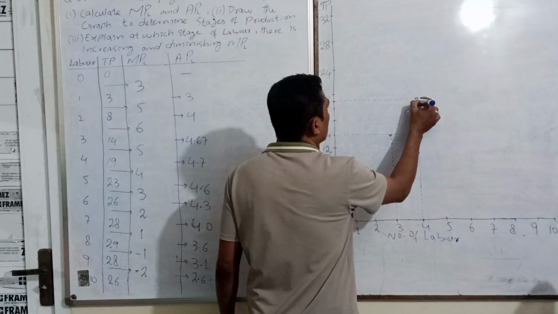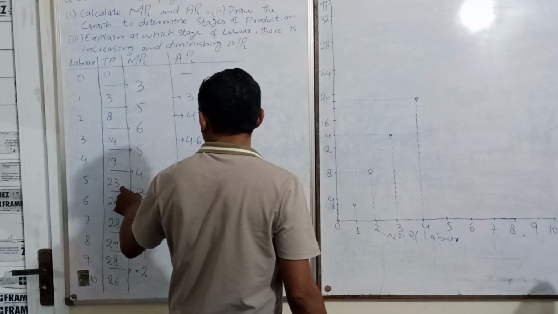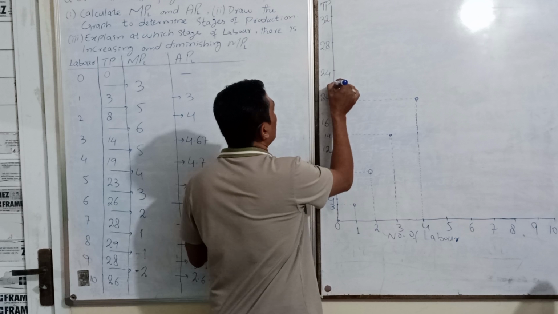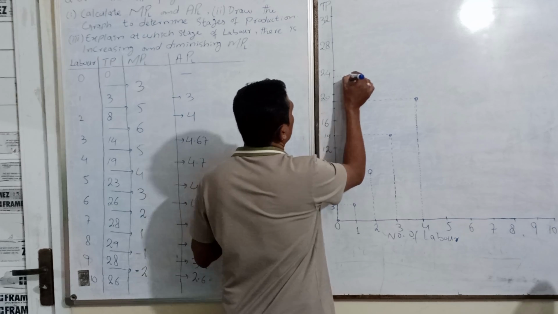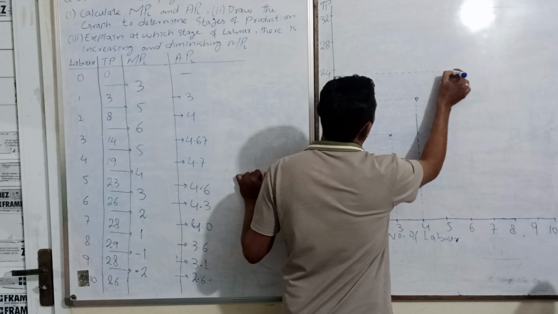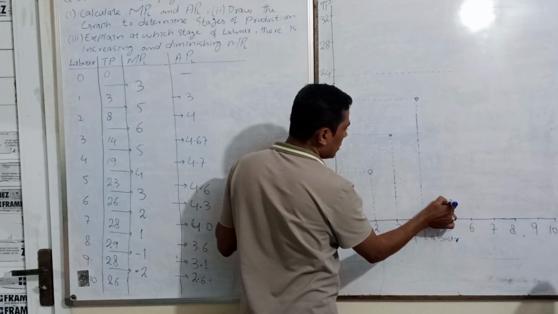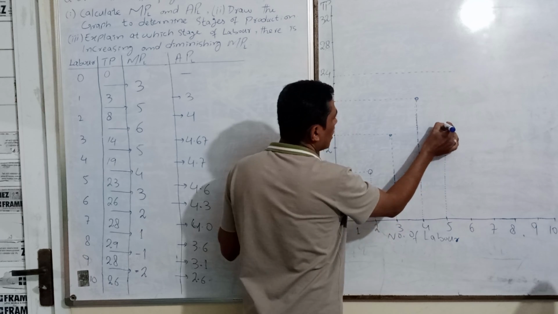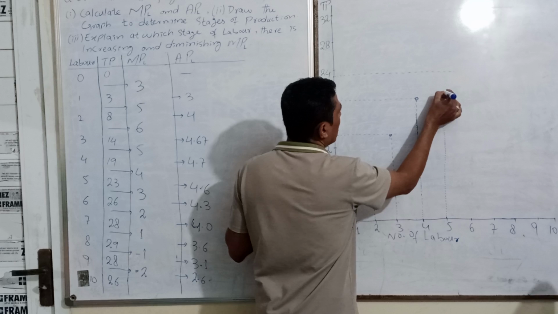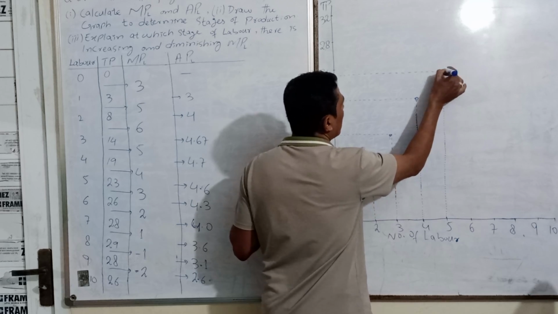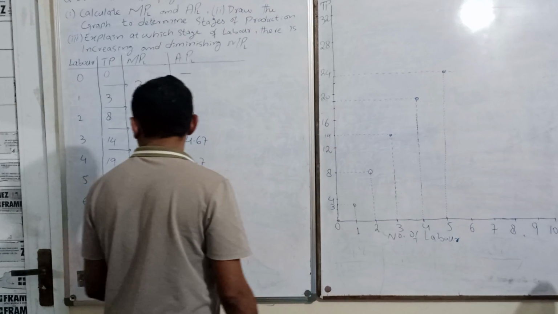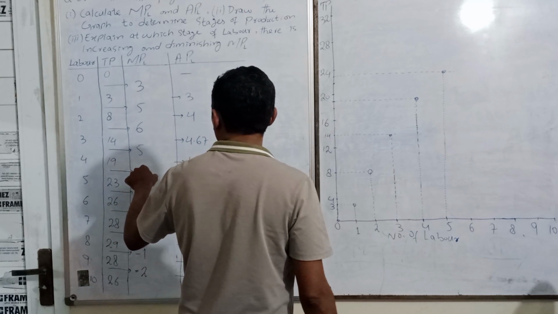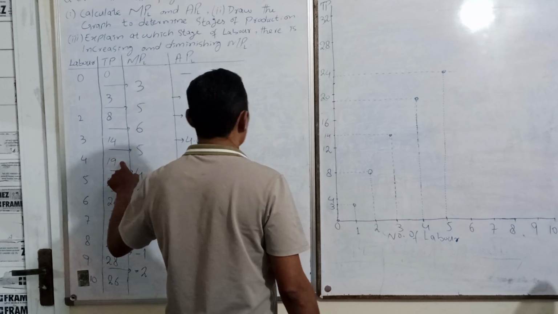Again, the next value is 23. So it will be 24 and it is approximately 23. It will be 23. And this one is again 23, 14, 19.